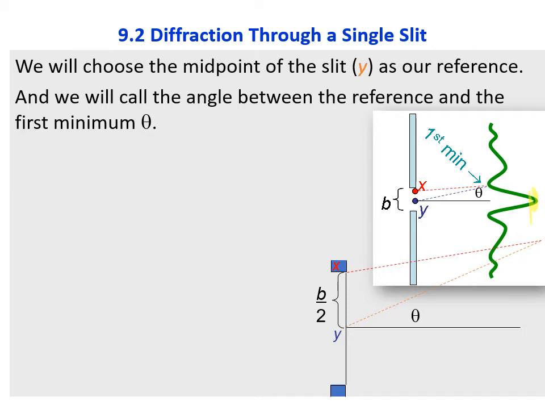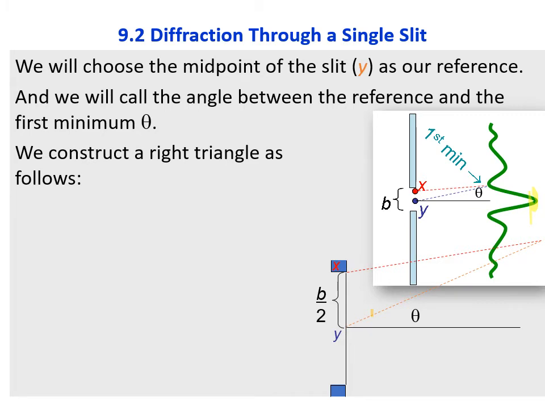And then we have an angle theta labeled. The angle is between the center line that we've drawn, the distance from the center of the aperture to the screen, and this line, this path length of the wavelets y to the screen. So that's the angle theta right there.